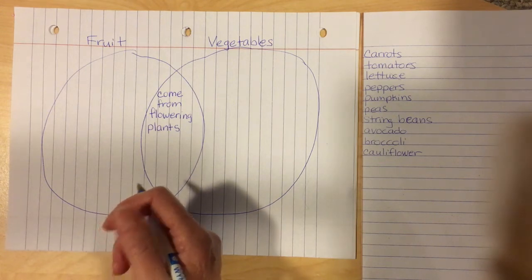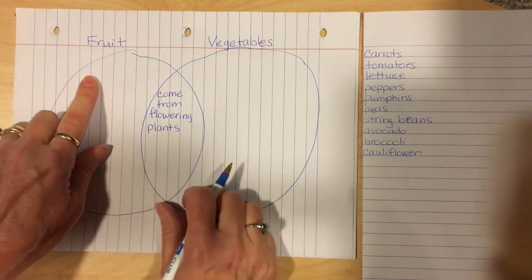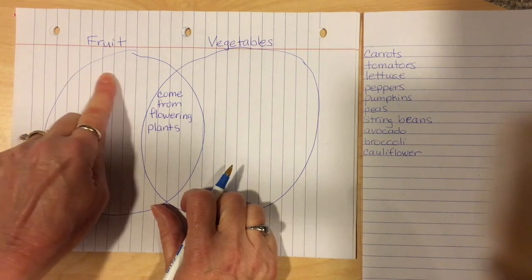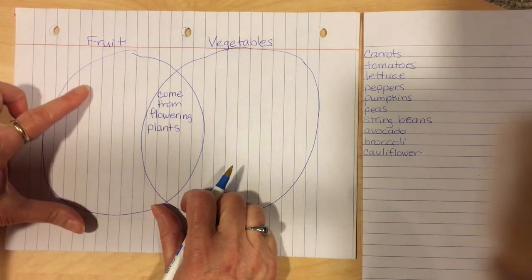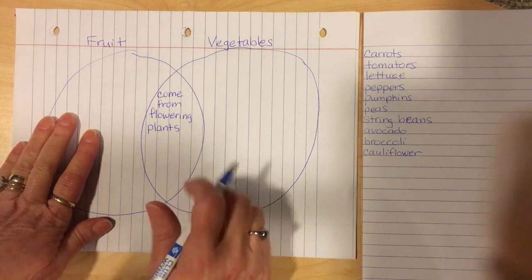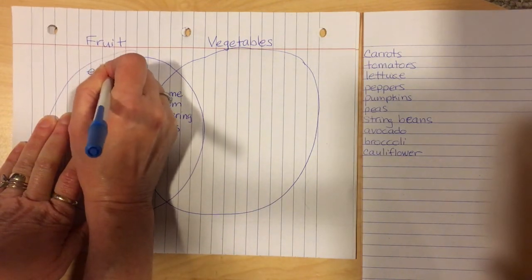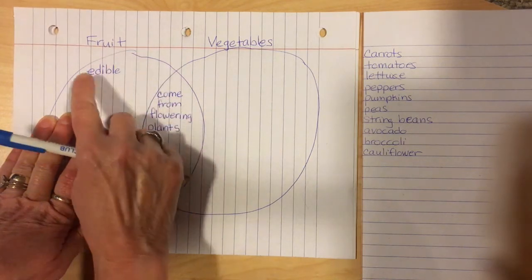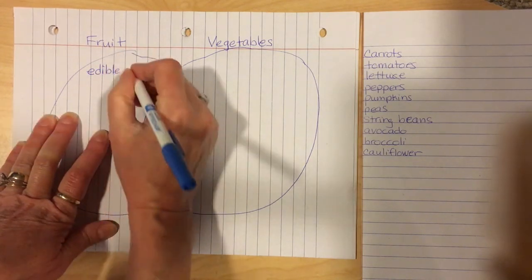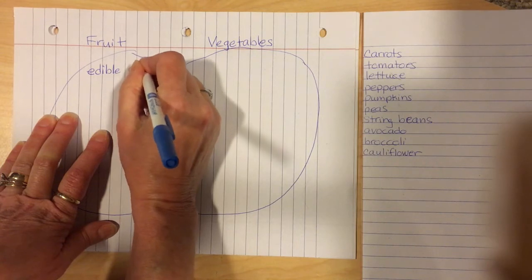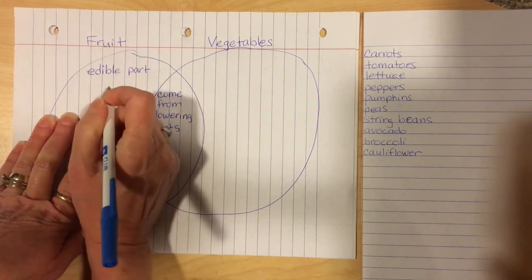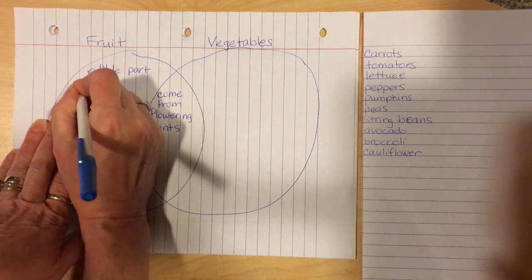So we're going to write that nice and neat and small up here because we're going to write a lot more words on here. So edible, that means something we can eat. Edible part of the fruit comes from the flower.